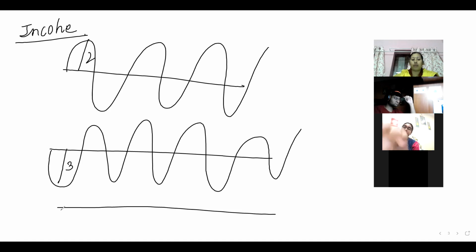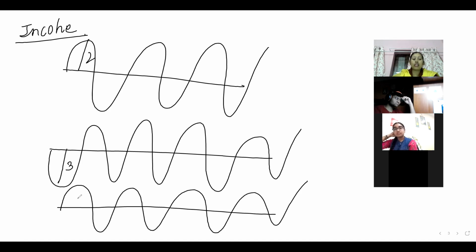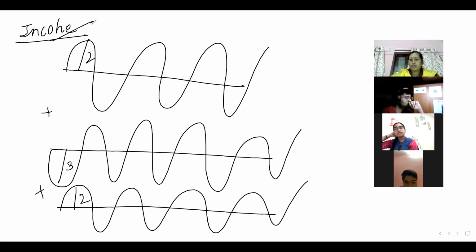Now I have made one more. This is of suppose 2 amplitude. I added up. So this is what? Incoherent source.